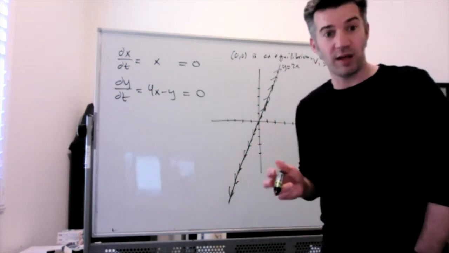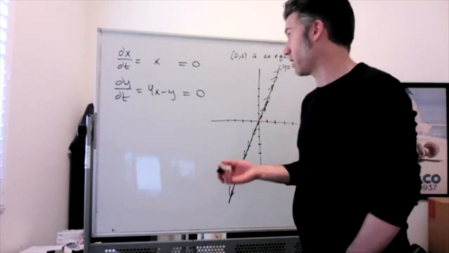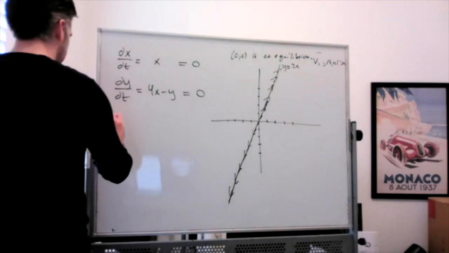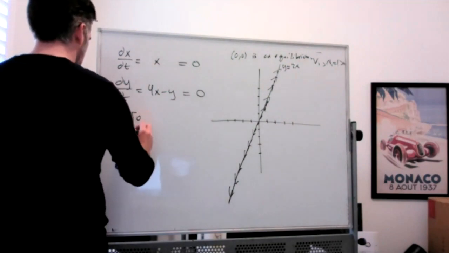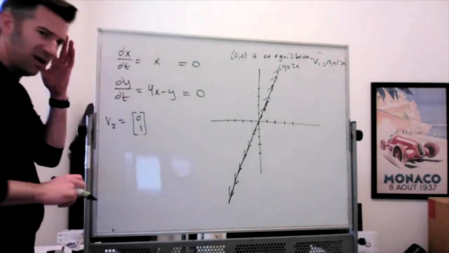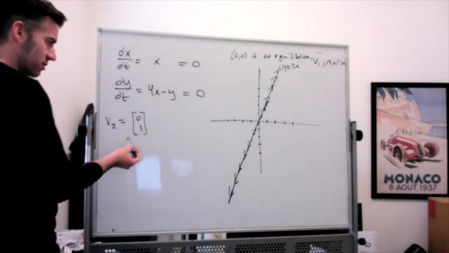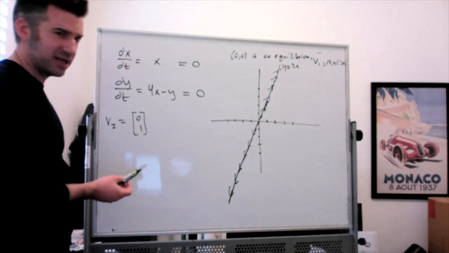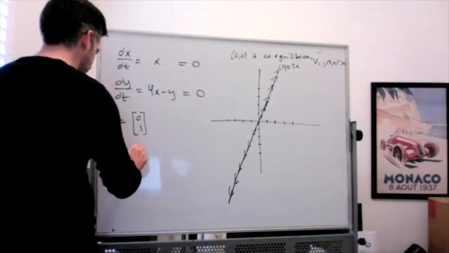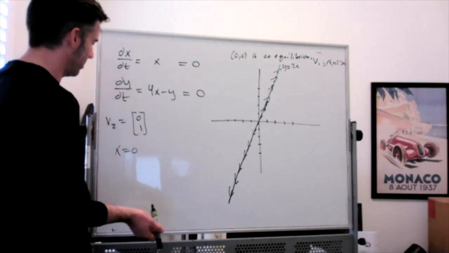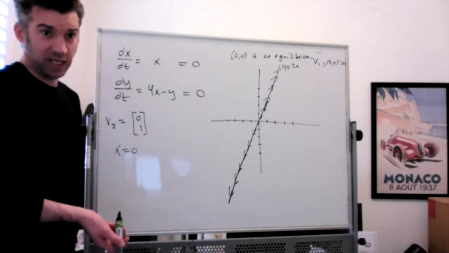Okay, let's draw the other eigenline. The other eigenline was with the eigenvector v2 equal to 0, 1. We've got to be careful here. The equation we had was x equal to 0.